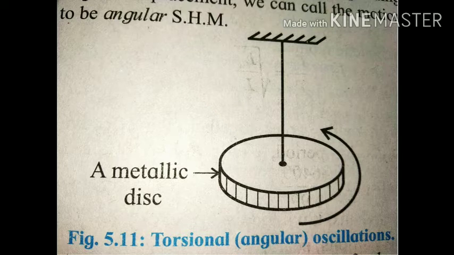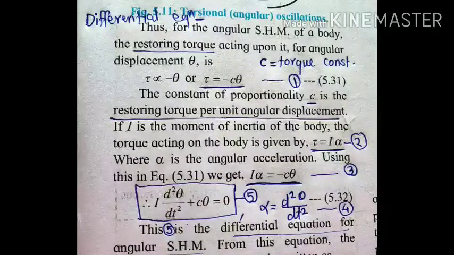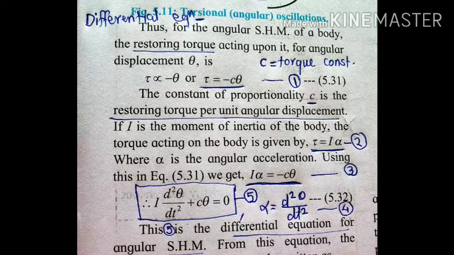Another example is if a bar magnet is freely suspended in a uniform magnetic field, then it also oscillates freely along a curved path in the magnetic field. Then the next point is the differential equation of angular or torsional SHM or oscillation.